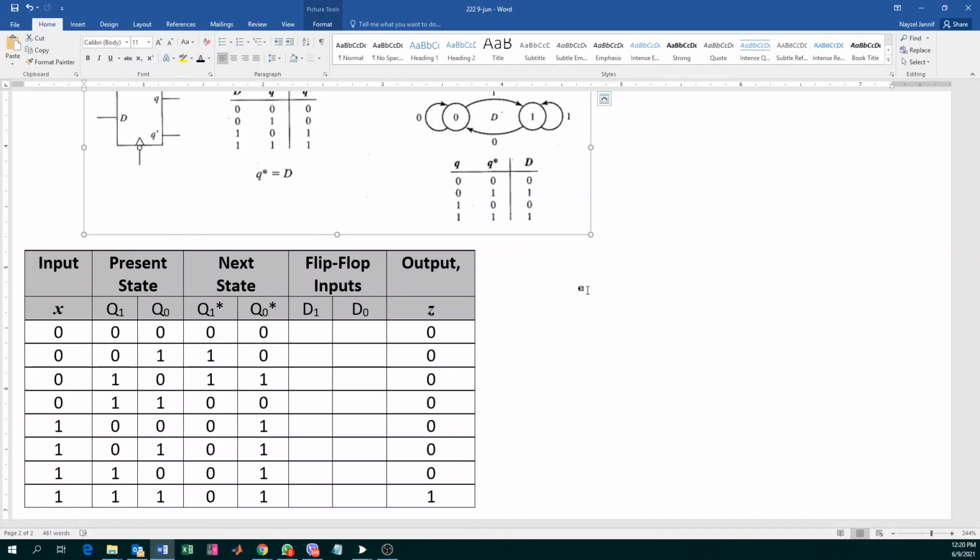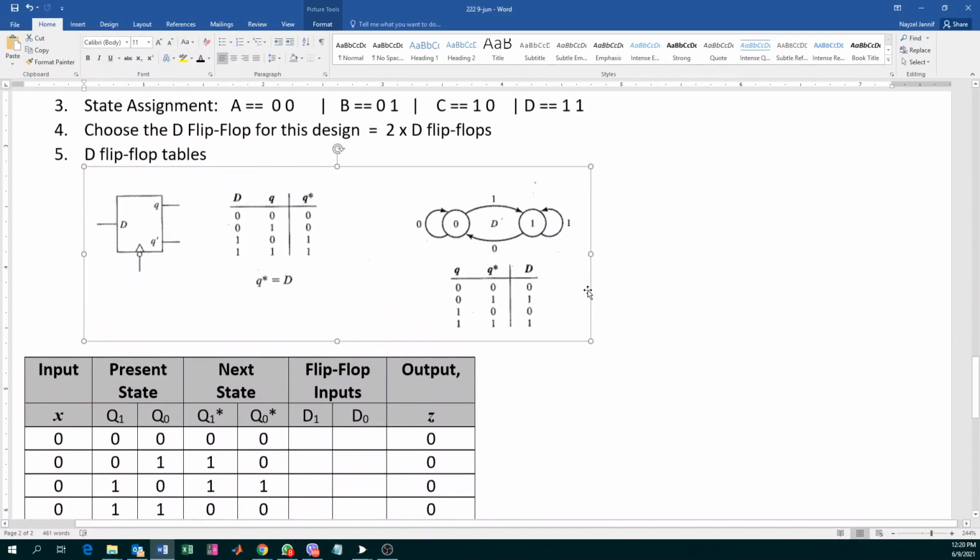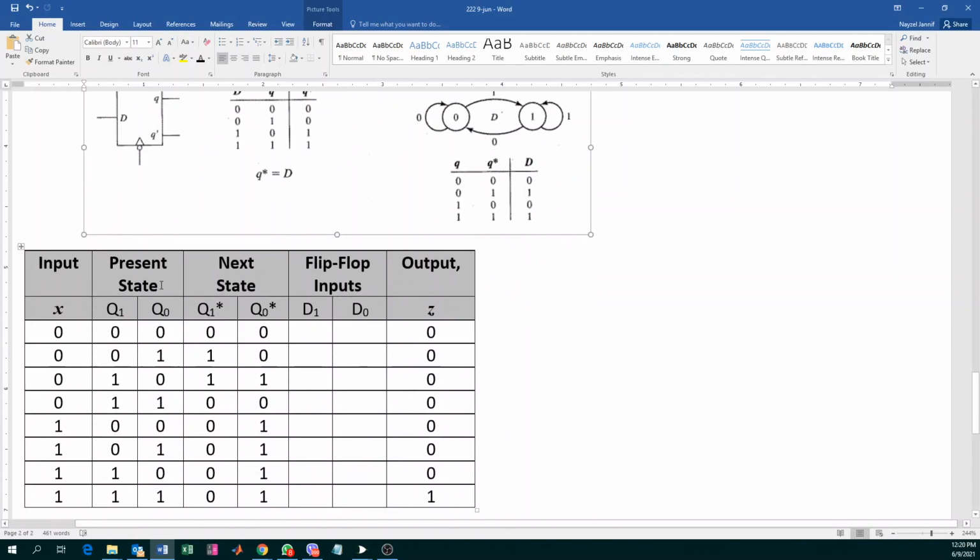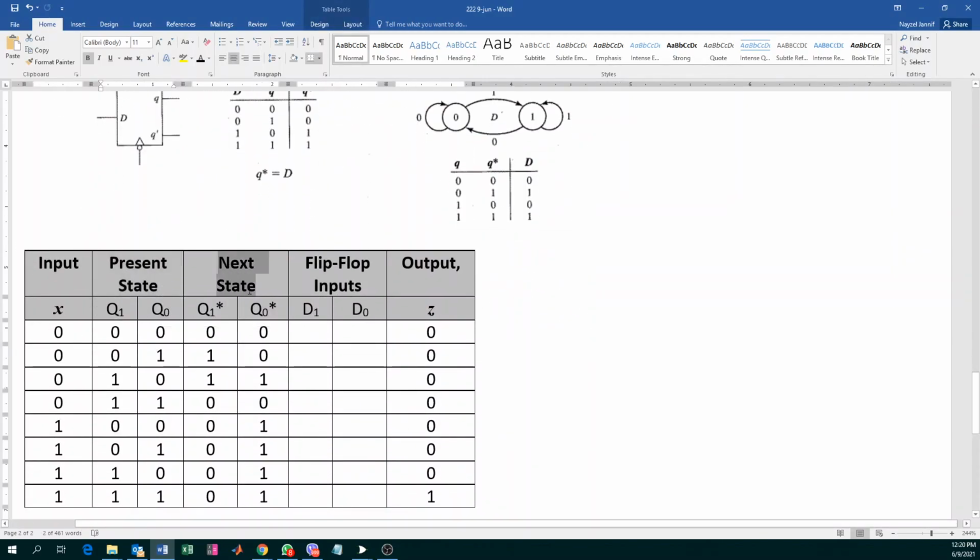Okay. Now, let's have a look at the flip-flop inputs. We know our current state, our present state, and our next state. We want to know what are the D flip-flop inputs which will get us there. So we have to match for match, right? So 0, 0 will give you a 0. 0, 1, right?